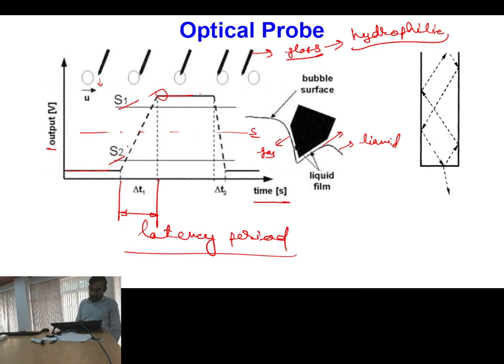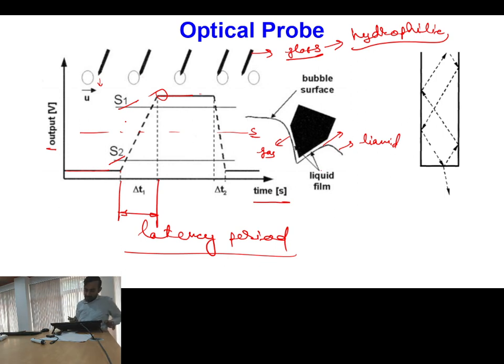Depending upon these separate cutoff values we can say that up to this point we have a gas bubble, and then this is the latency period in which there is a thin liquid film on the probe. And typically for accurate measurement, your latency period should be as small as possible, because that is the period in which you will not be able to precisely tell whether you have liquid or gas across the full profile of the bubble.